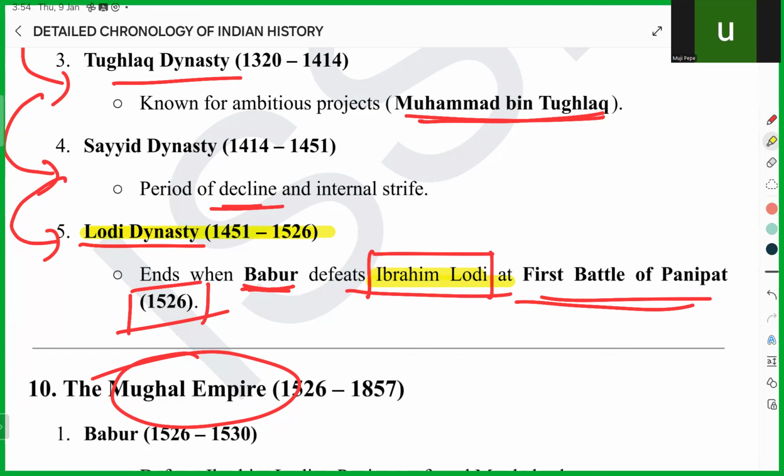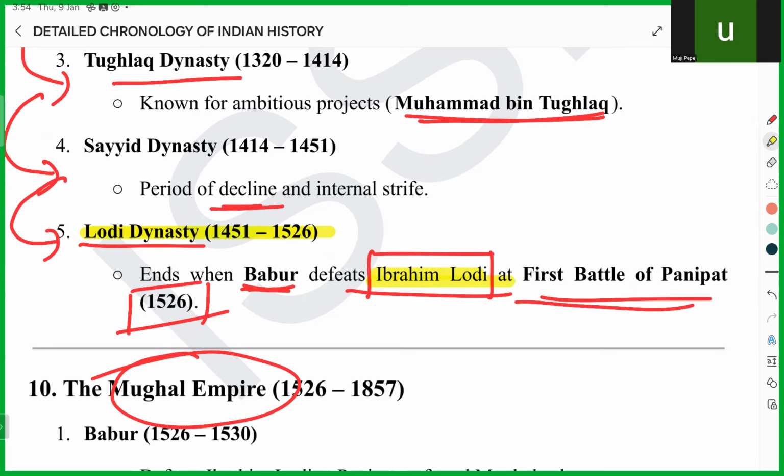Why? Because he had a blood feud with his cousin. He did not like that this incompetent cousin of mine is ruling this big swath of land and I am just a provincial governor.